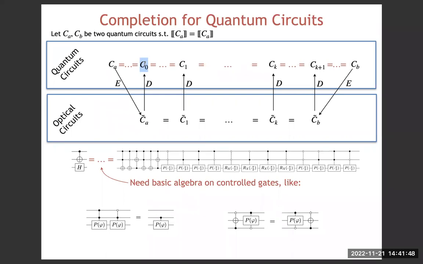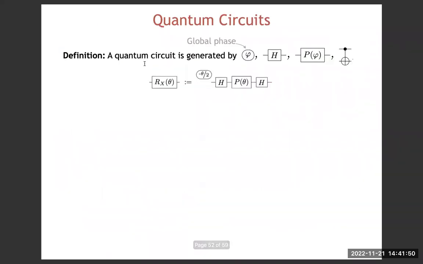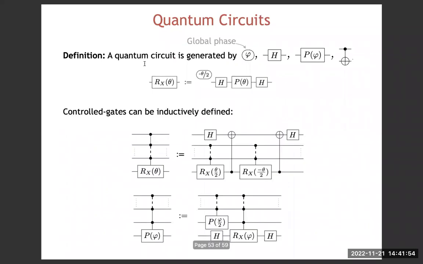So in order to do that, we introduce a first equational theory. Here I remind you the definition of the quantum circuit, but what is important here is the way to define these control gates, because except C0, control gates are not part of the generators, so they are shortcuts.